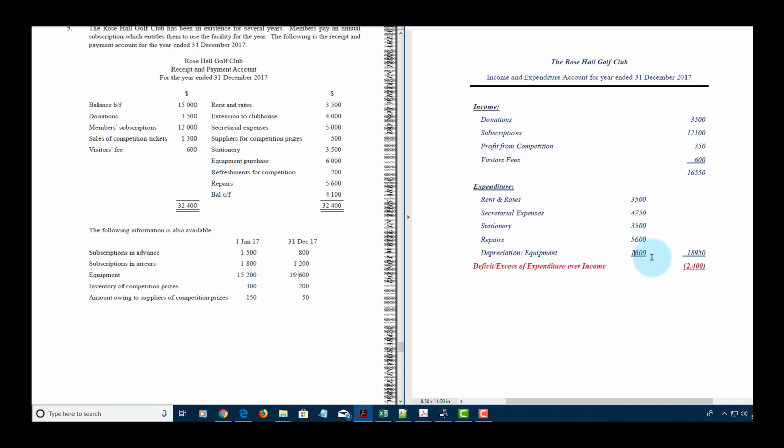We add all the expenditure together, our expenses, we got 18,950. We can clearly see that the expenditure is bigger than the income, which gives us a deficit or an excess of expenditure over income of $2,400. It's a negative figure, it's included in a bracket.